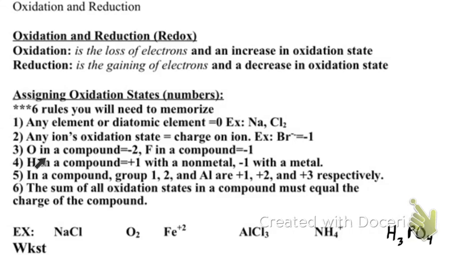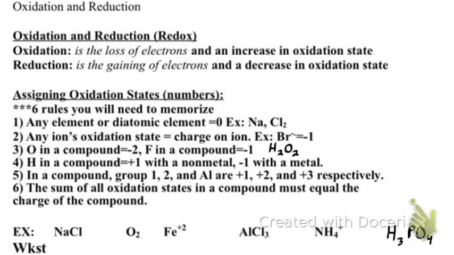Rule number 3, oxygen in a compound is -2, fluorine in a compound is -1. The exception to that rule would be if oxygen is with fluorine or if oxygen is in hydrogen peroxide, so H2O2.